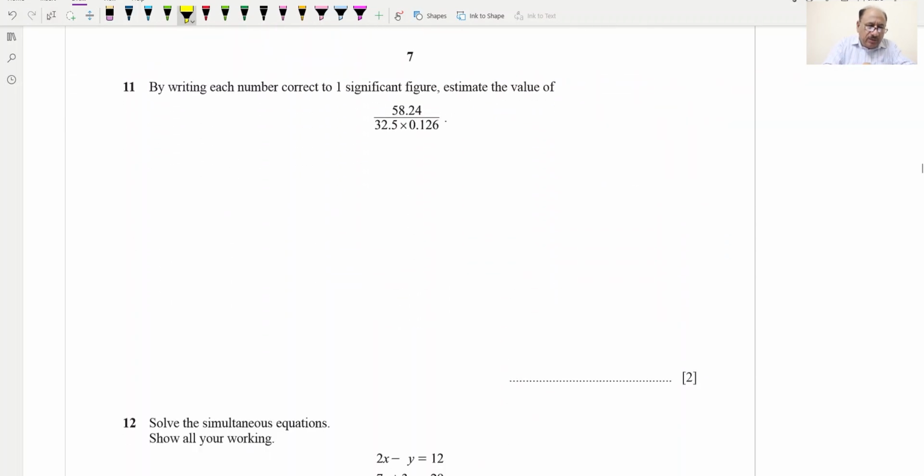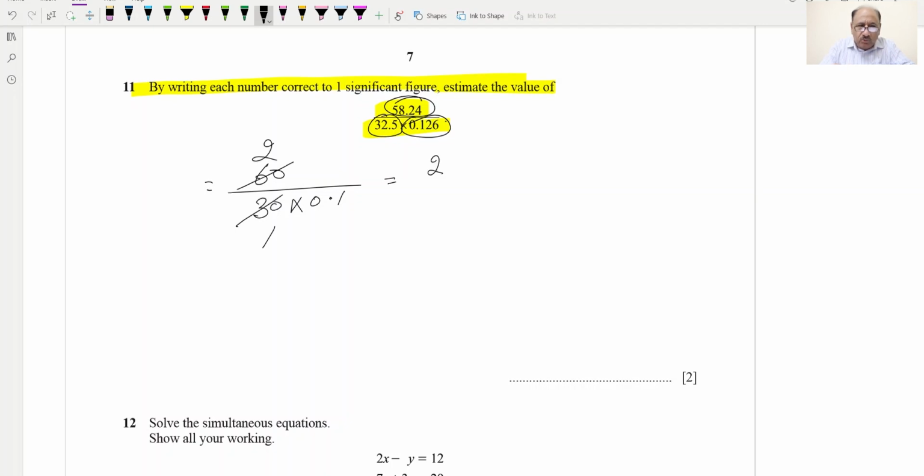Question 11 says, by writing each number correct to one significant figure, estimate the value of this one. One significant figure will be for 58.20 we can write 60, and for 32.5 we will be writing 30, and 0.126 we will write 0.1, and this will be 3 ones are 30, 3 twos are 60, so 2 over 0.1.